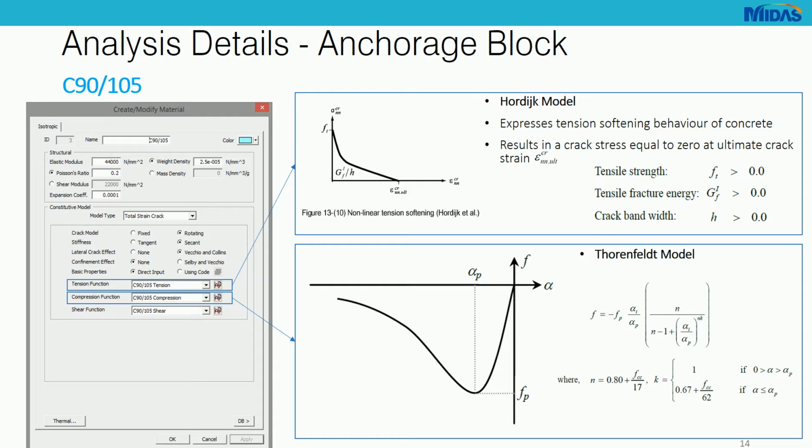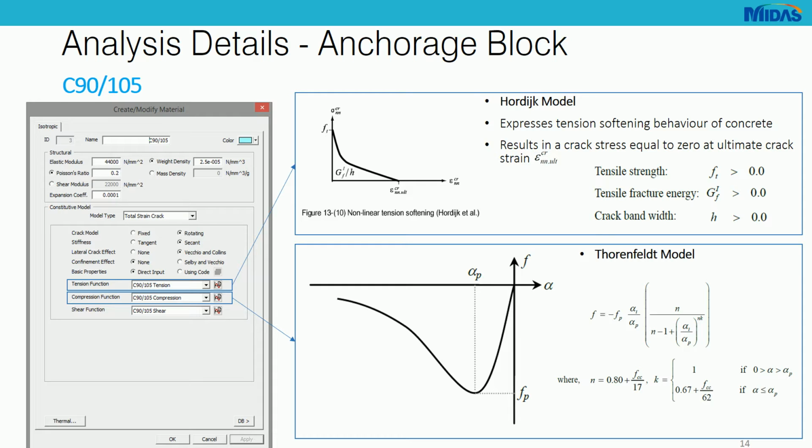The tension function suitable for checking cracking in reinforced concrete is the Hordijk model. This accounts for the tension softening behavior, and it can be defined using three parameters: obviously, tensile strength, the tensile fracture energy, and the crack bandwidth.